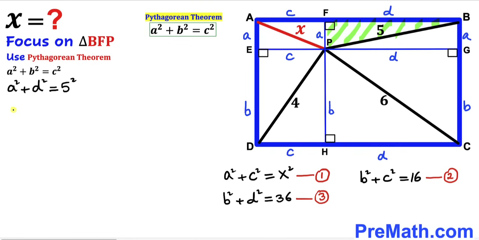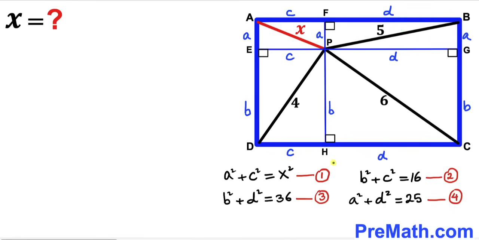Let's simplify. We got a square plus d square equals 25, and I'm going to label this one as our equation number 4. Here we got a system of 4 equations: equation 1, equation 2, equation 3, and equation 4, and we are going to solve them for the x value.